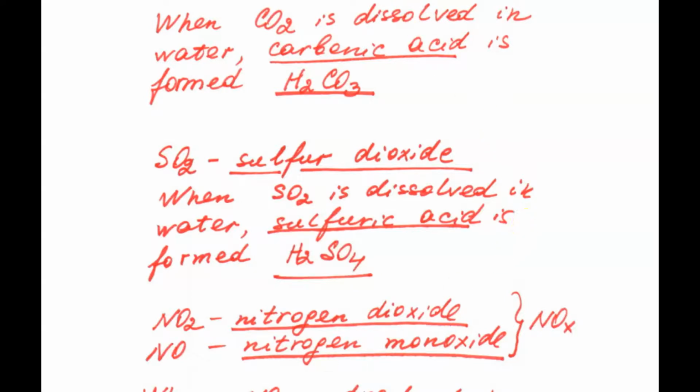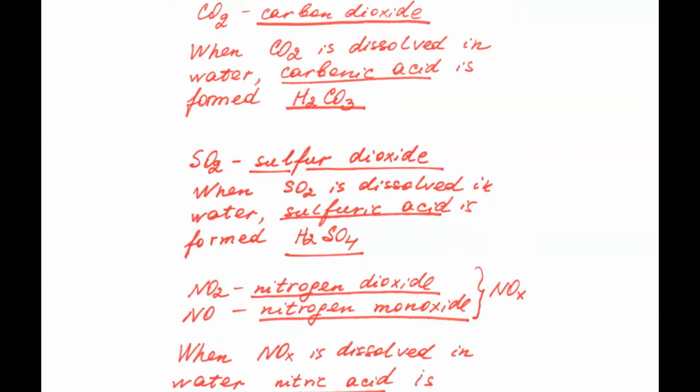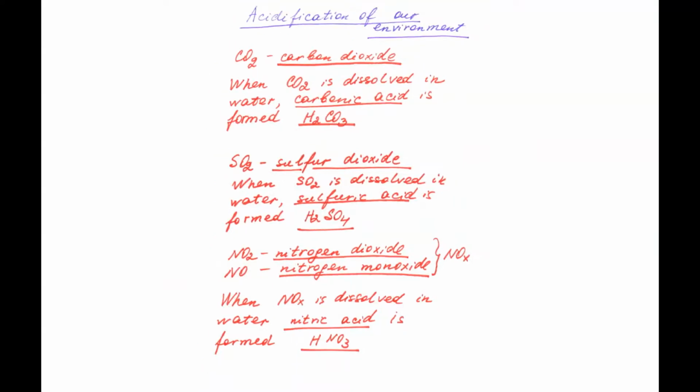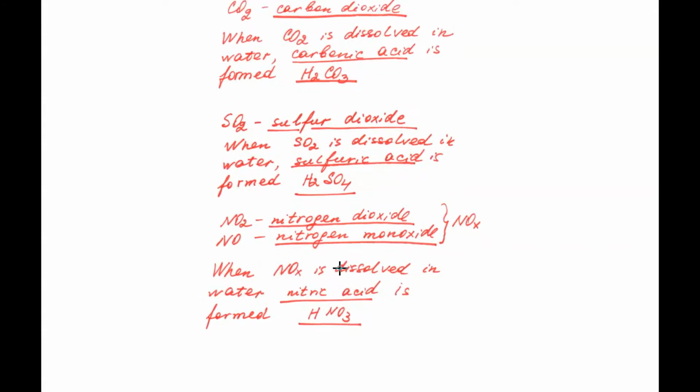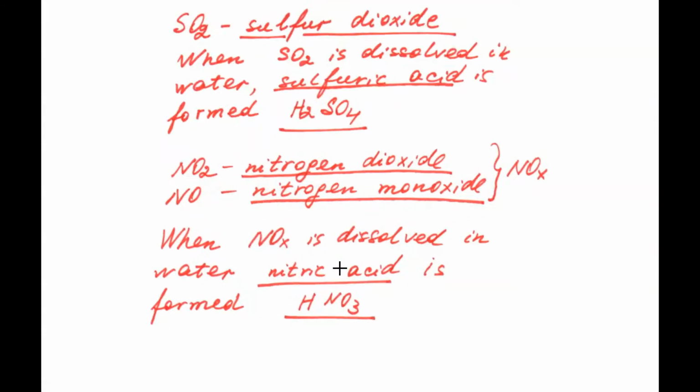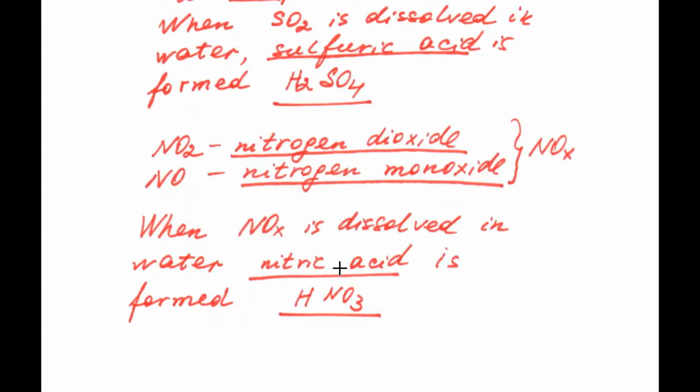Okay, now let's take a look at nitrogen oxide. And as a matter of fact, humans produce two types of nitrogen oxide that have similar effect on our environment. So let's take a look at them. So the first molecule, we are familiar with this molecule already, is NO2. This is nitrogen dioxide, right?